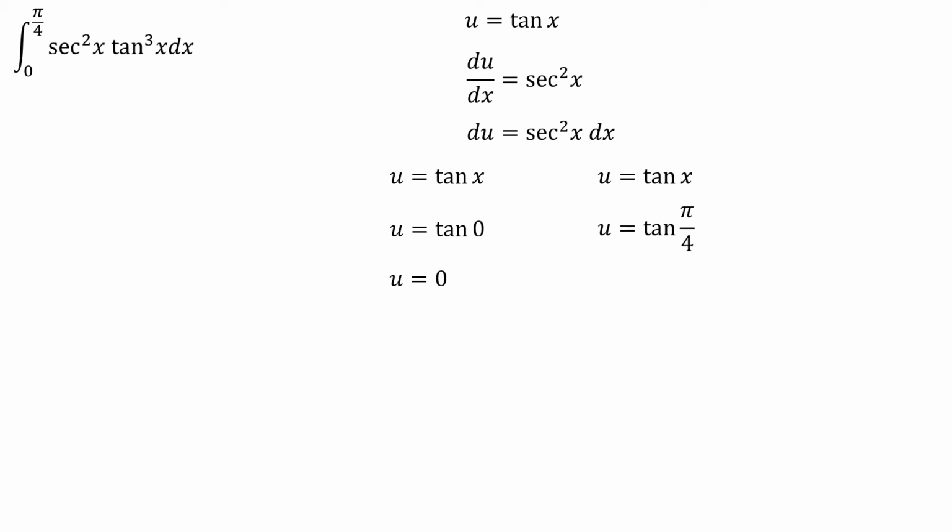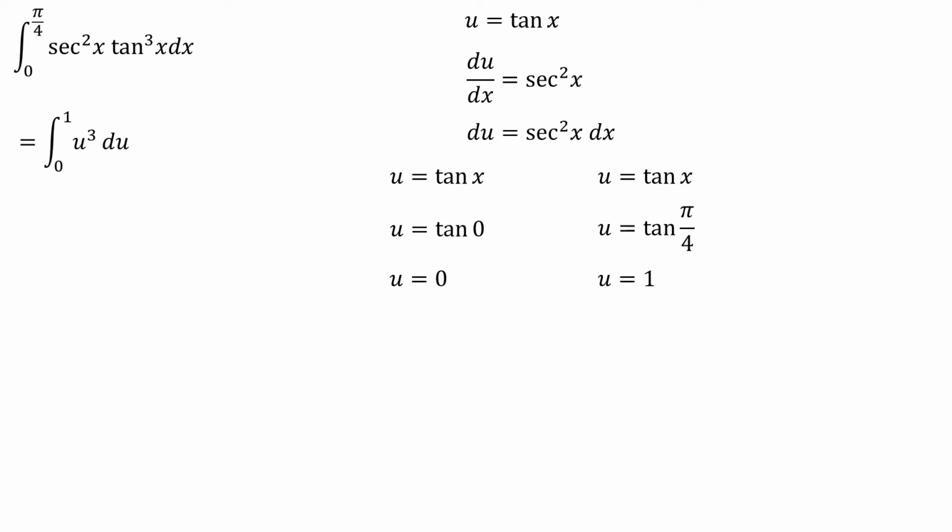Again, the nice thing about pi over 4 is that for sine over cosine, we're going to get a value of 1. Right? Sine of pi over 4 is root 2 over 2. Cosine of pi over 4 is root 2 over 2. Root 2 over 2 divided by root 2 over 2, of course, this is a 1. And so there's our integral. We're going to go from 0 to 1.